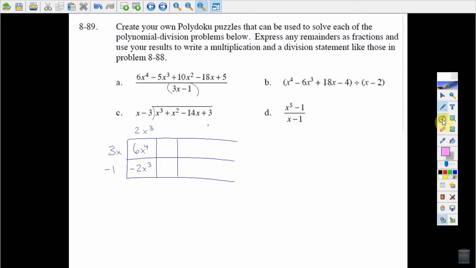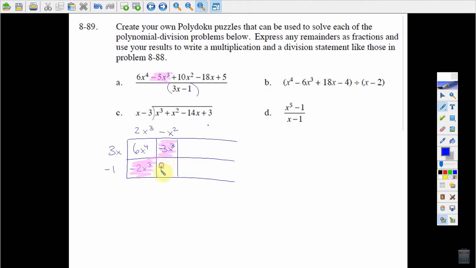And now remember that I need these two boxes to add up to negative 5x cubed. So that's going to be negative 3x cubed, which means this has to be negative x squared, because negative x squared times 3x gives us negative 3x cubed.